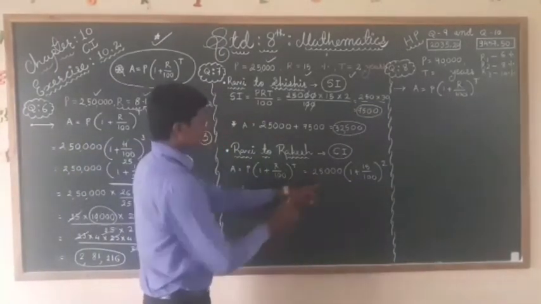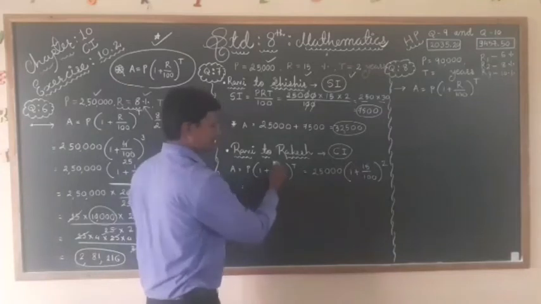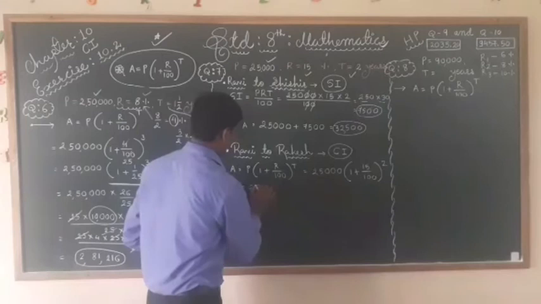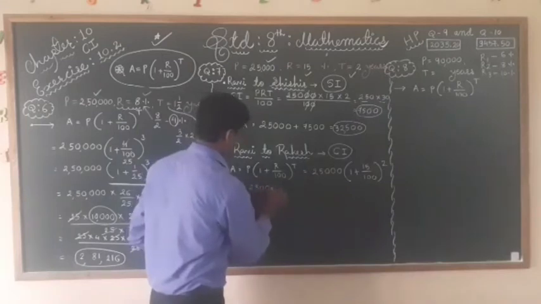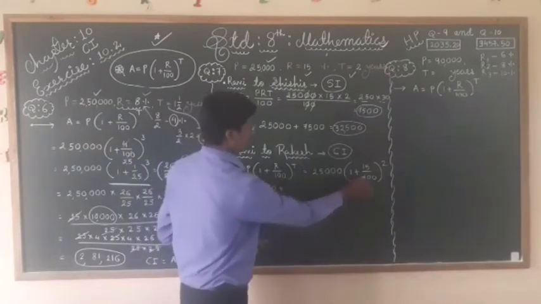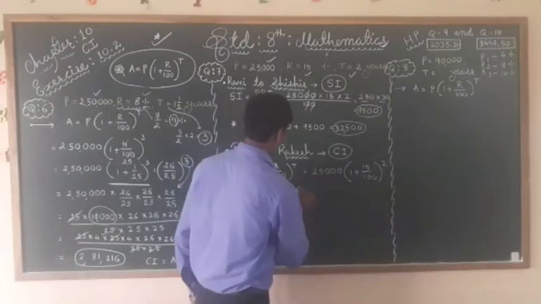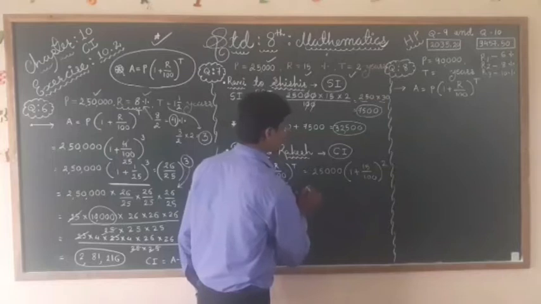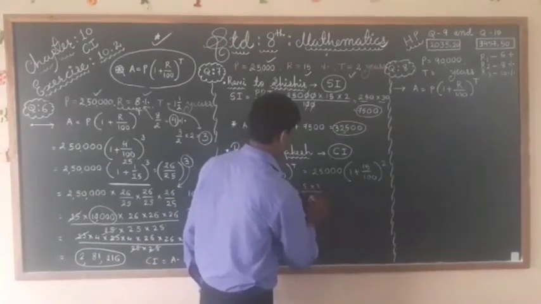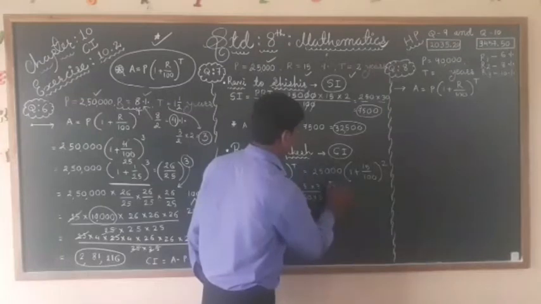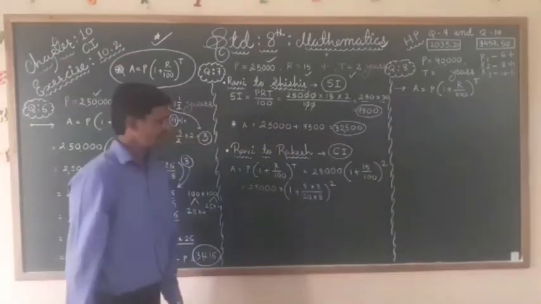Here we can do one thing: 1 plus 5 into 3 divided by 20 into 5, and it is squared.